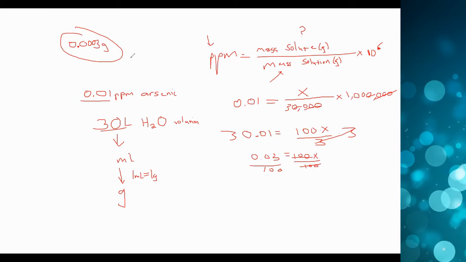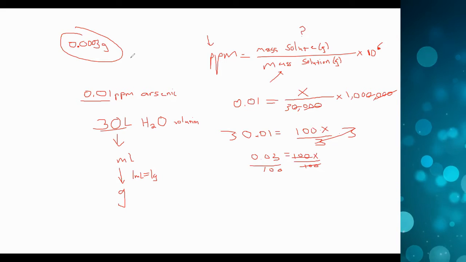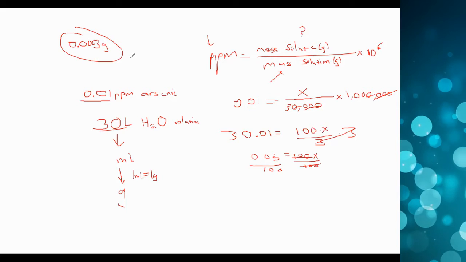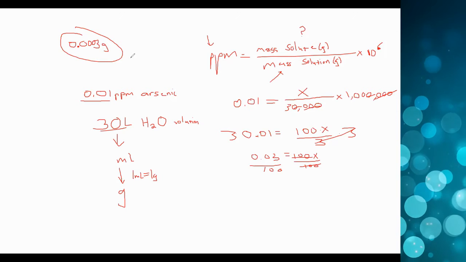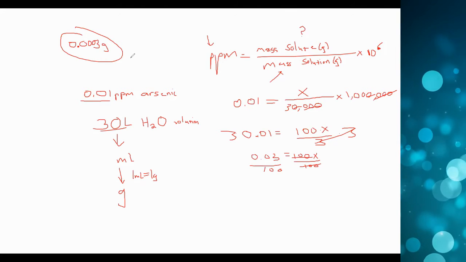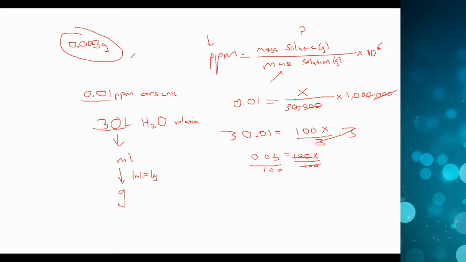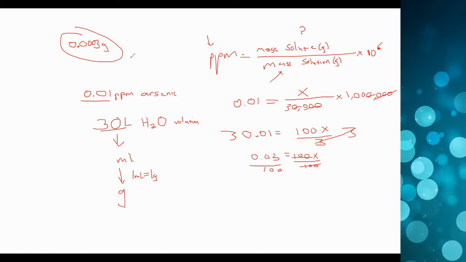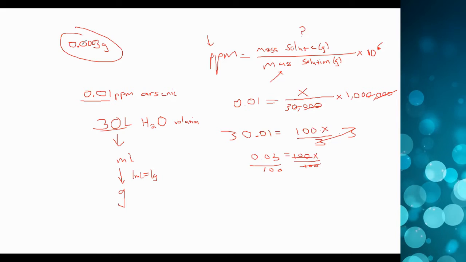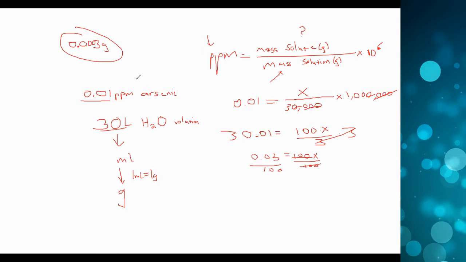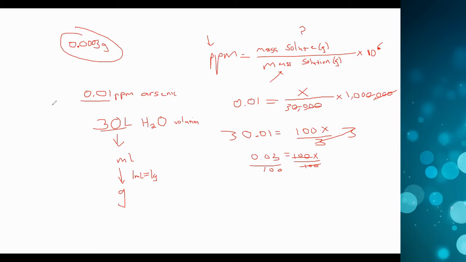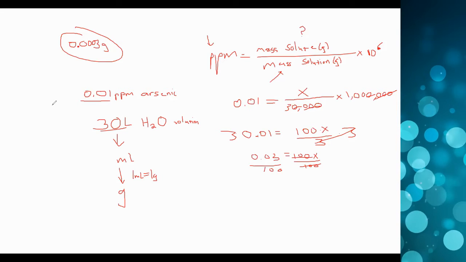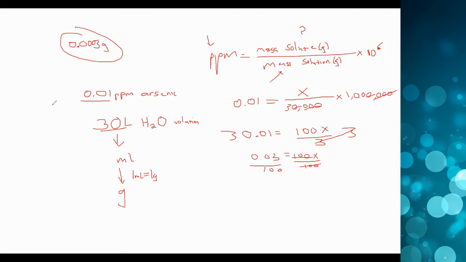Let me just double check it one more time since I had the wrong number of zeros up there. Yeah, correct. There should be 3 zeros in there. So 0.0003 grams. Okay, any questions?